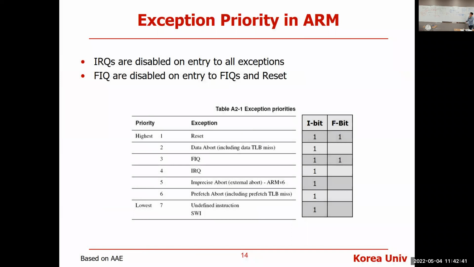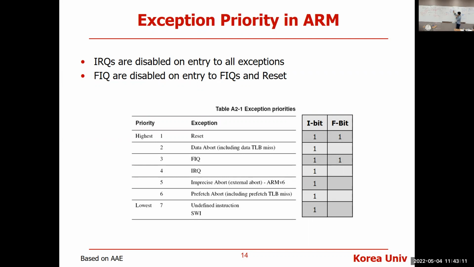So here, depending on exception type, for example IRQ, if an IRQ is generated, the CPU will block further interrupts by setting the I bit to 1. What if you do this? There is an IRQ, no more interrupts.